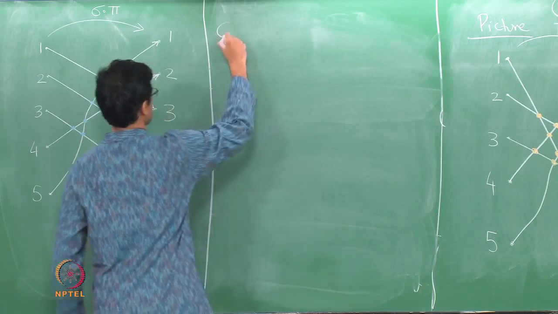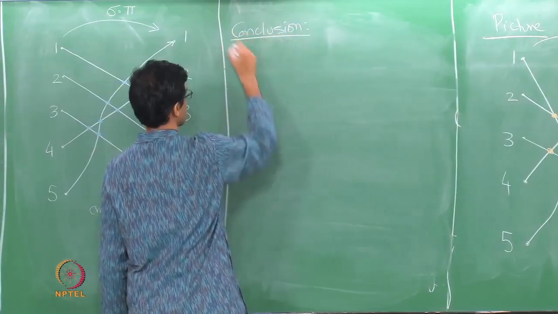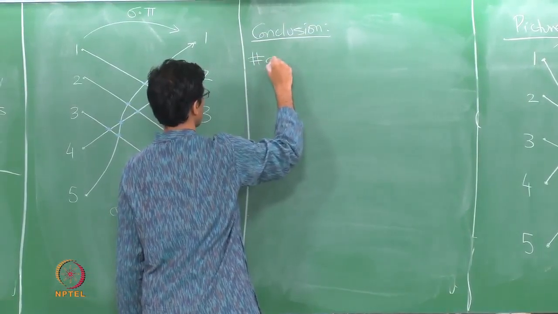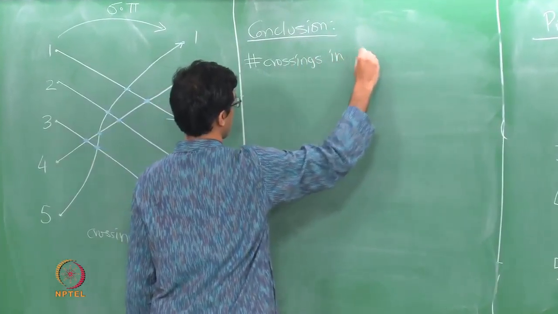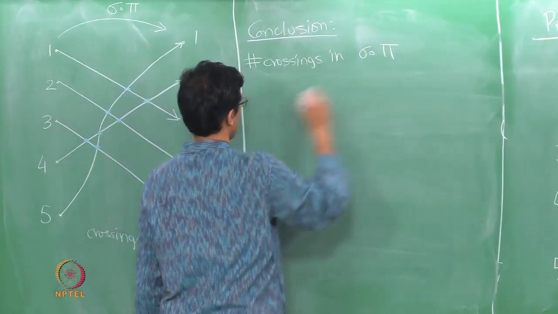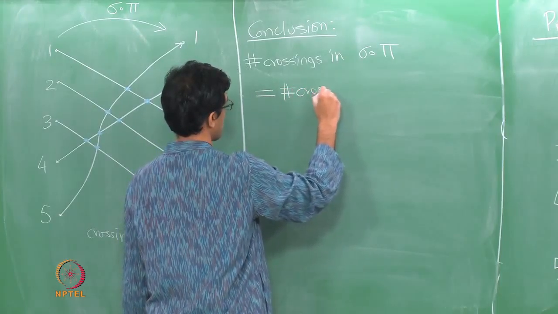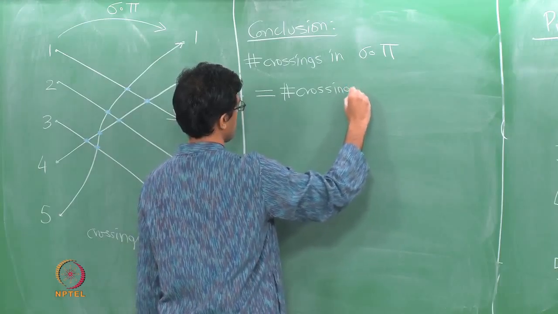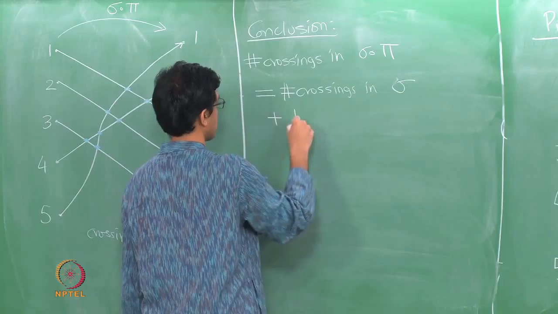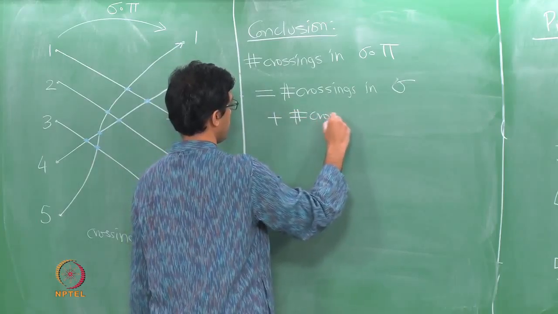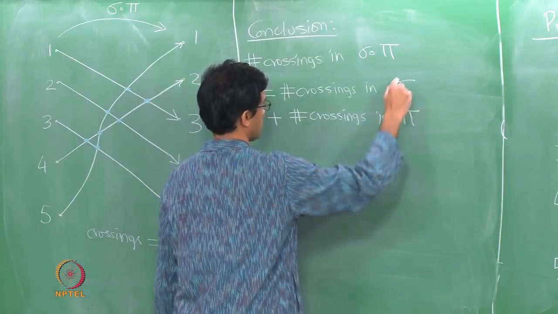So here's the very interesting conclusion of this whole discussion. If I want to count the total number of crossings, the number of crossings in the composition of sigma and pi, well, you can obtain it using the following formula. You first count the number of crossings in sigma, to which you add the number of crossings in pi, okay.